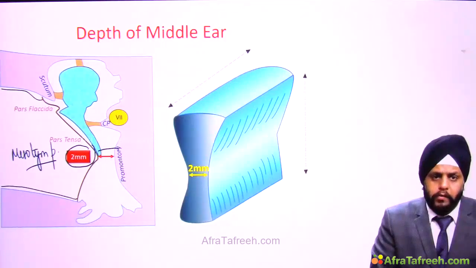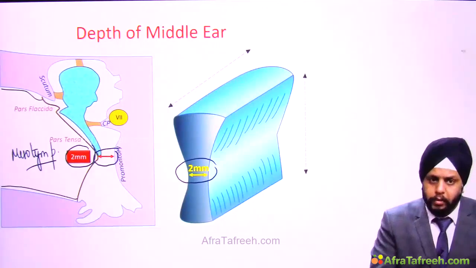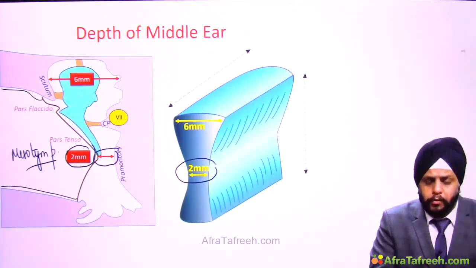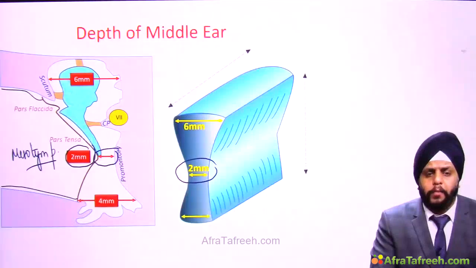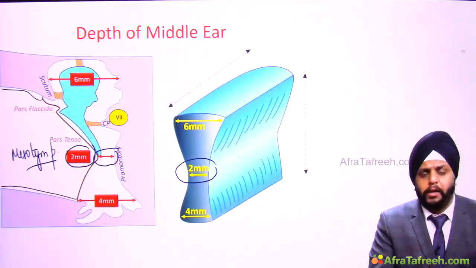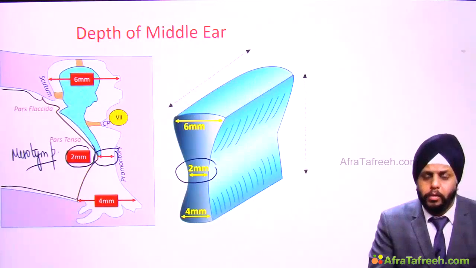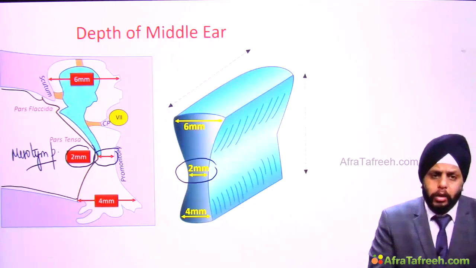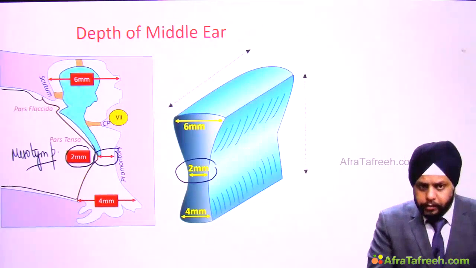In comparison, the epitympanum is almost 6 millimeters and the hypotympanum is 4 millimeters. So the narrowest part of the middle ear is mesotympanum.